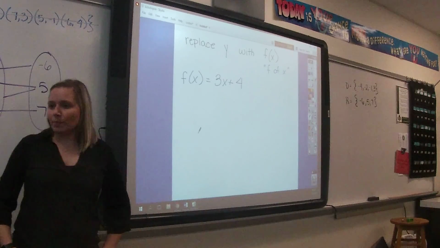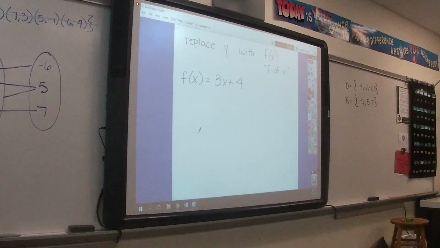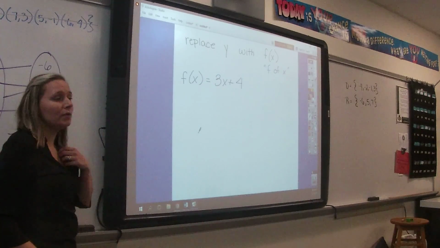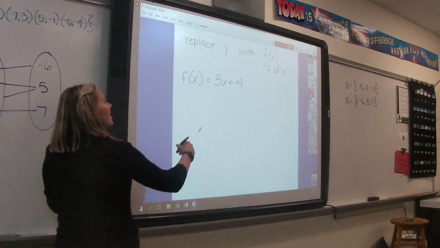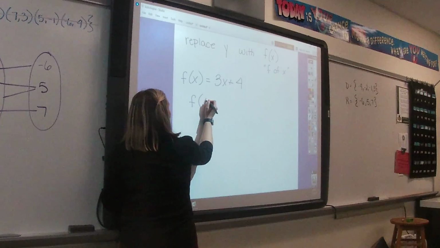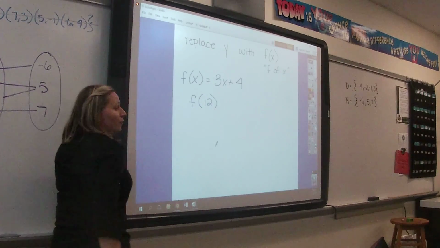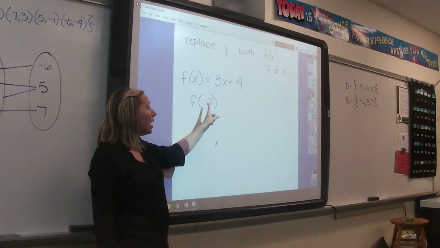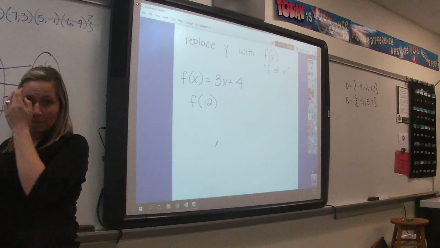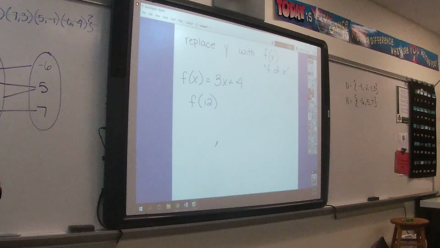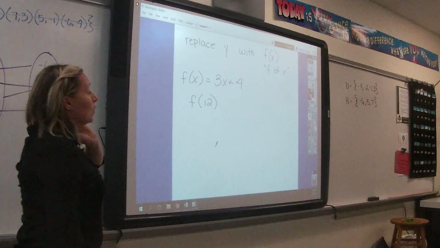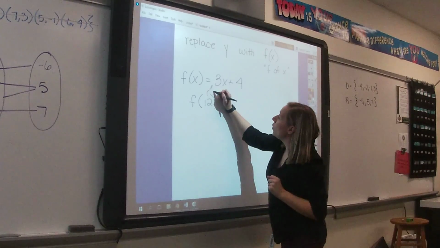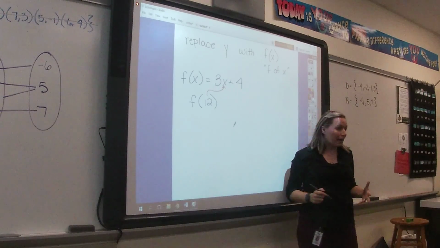Okay, so Christy, favorite number? 12. So now instead of saying x equals 12, we are going to say, okay, let's evaluate the function for an x value of 12. Let's find f of 12. Now, the process is still the same. We are still going to take this 12 and we are going to put it in for x.